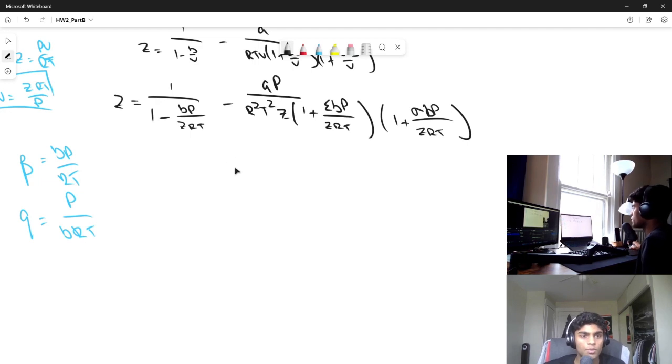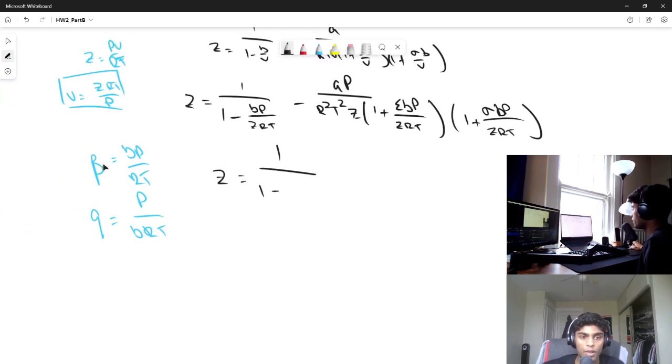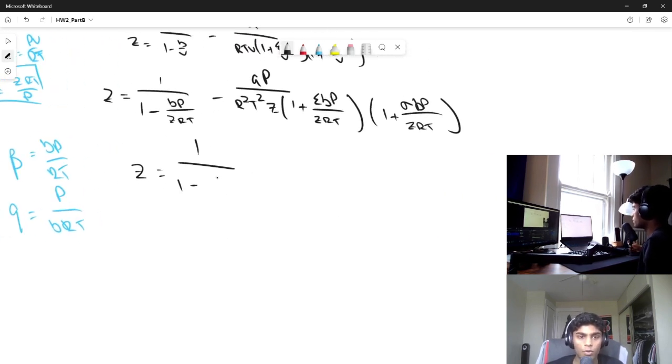So once we make those substitutions in, what we should get is Z is equal to 1 over 1 minus, remember, BP over RT, that is beta function right here. So we're going to get beta Z minus, if we multiply Q and B together, what we end up getting is actually this R squared T squared.